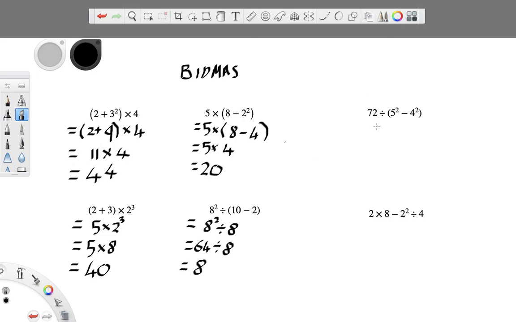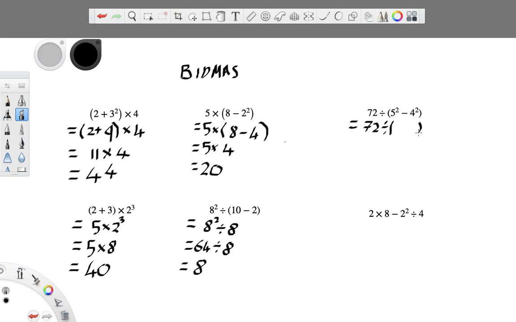Okay, final 2 questions. The first of which is 72 divided by, in the brackets, 5 squared minus 4 squared. Again, this is like the first question we did and the third question, in the sense that we want the solution to that bracket. We want to know what that bracket is equal to. Can we do that without working out 5 squared minus 4 squared?